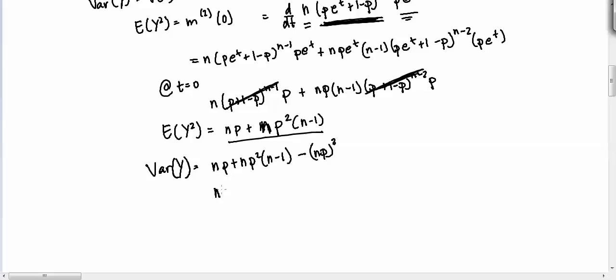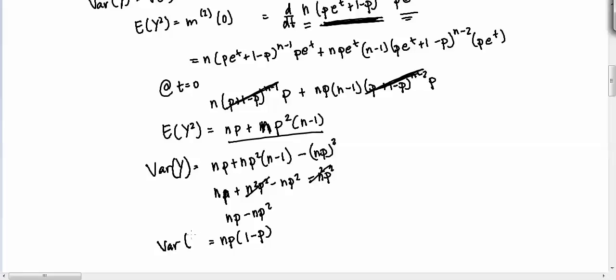So we have np + n^2p^2 - np^2 - n^2p^2. This cancels out with that, and I get np - np^2. And then factoring out an np, I get np(1 - p). And I think this aligns with what our book derived.